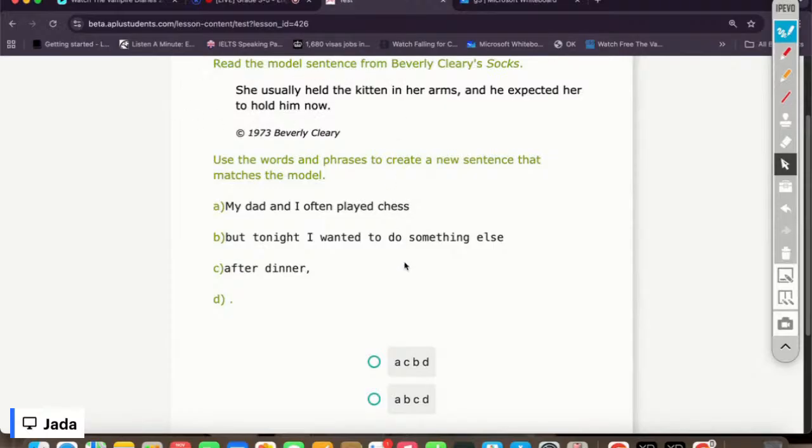She usually held the kitten in her arms and he expected her to hold him now. Read the model sentence. So use the words and phrases to create a new sentence. Is it the first, second, or third?